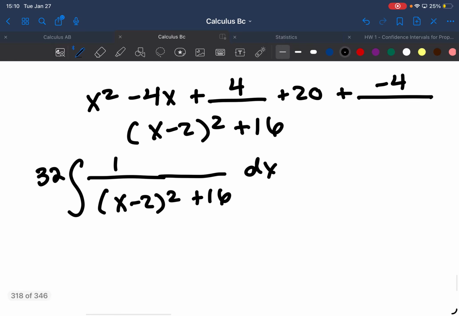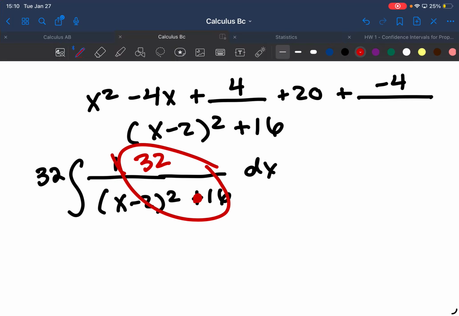Okay. Next step, what's your thought process? Do you move the 32 back in to cancel out the 16? So let's say we moved it back in. Can this really cancel out a 16 if it's plus 16? No. When could it cancel it out? If there was times 16.